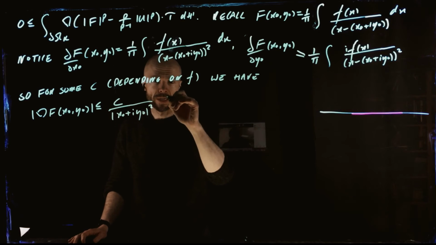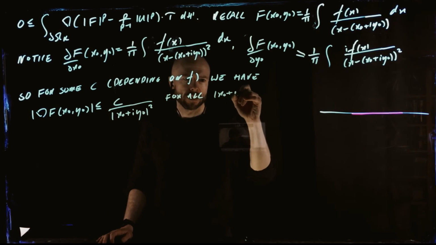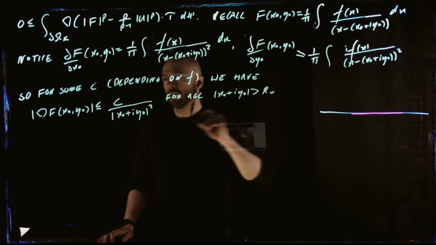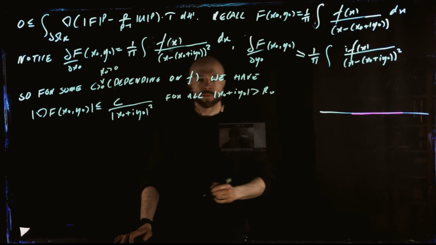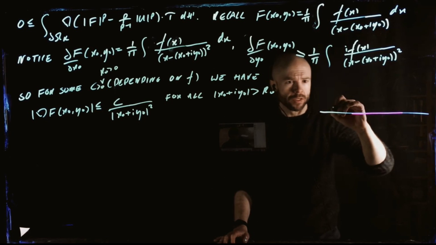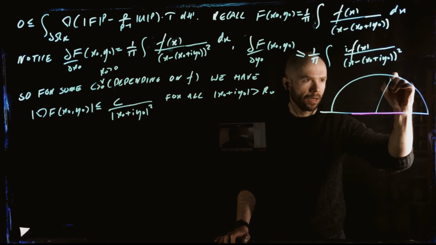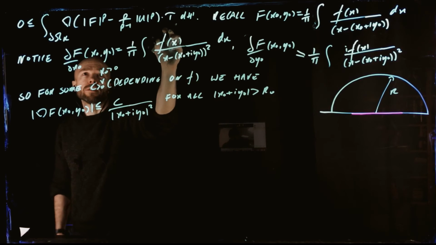For all of these guys which are big enough, for all x0 plus I y0 bigger than, say, some r0, for some r0 bigger than 0. Okay? We have that this will be true.